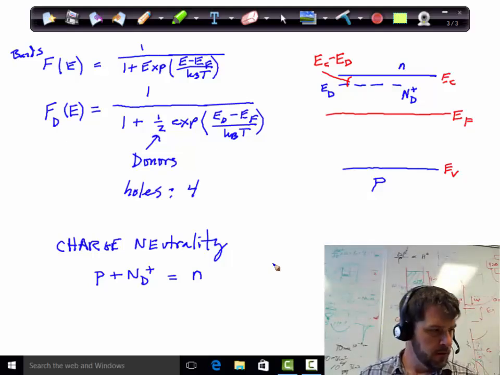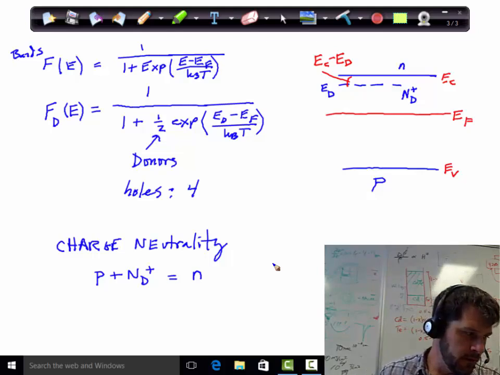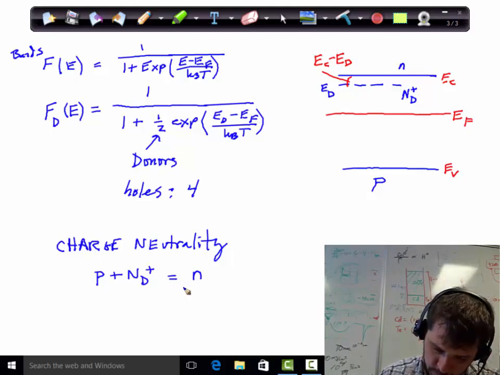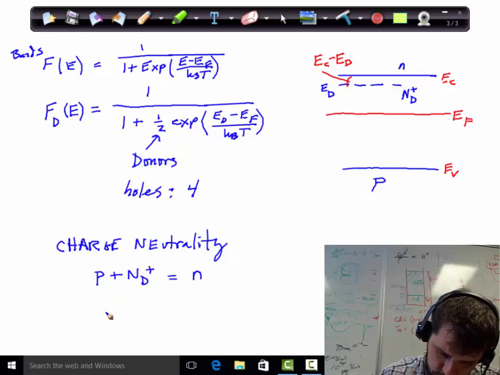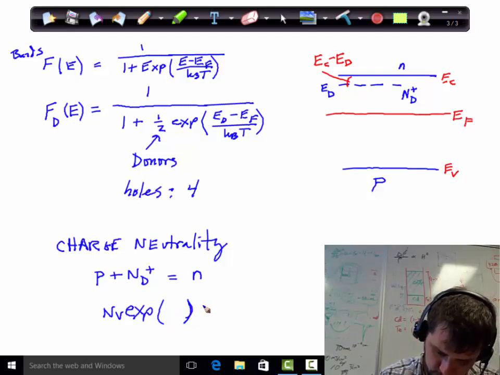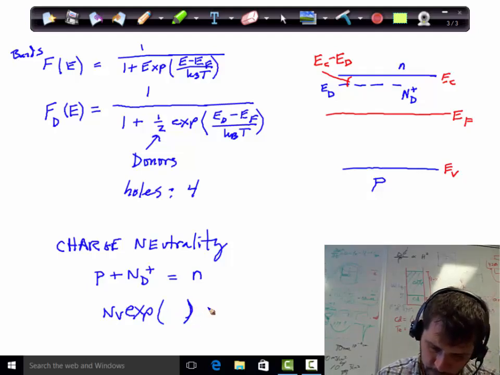So we can substitute in the Nv exponential, and I'm just going to quickly do this, so I'm going to just put parentheses for the argument there.